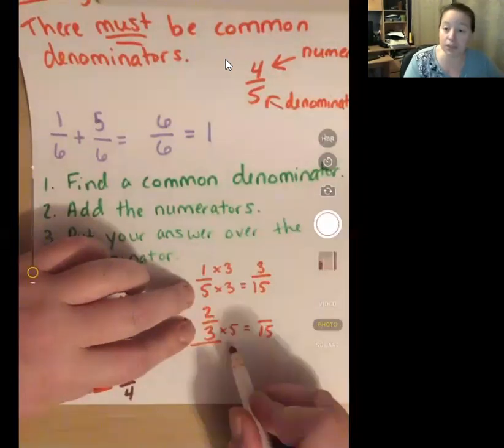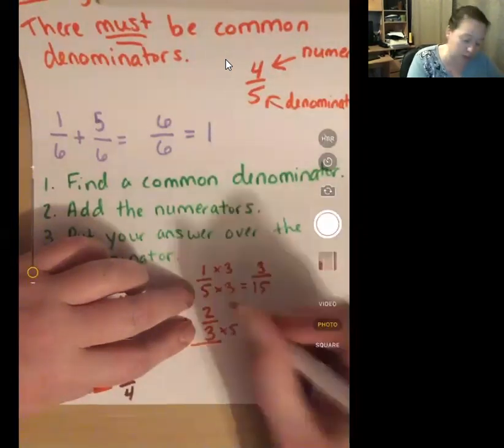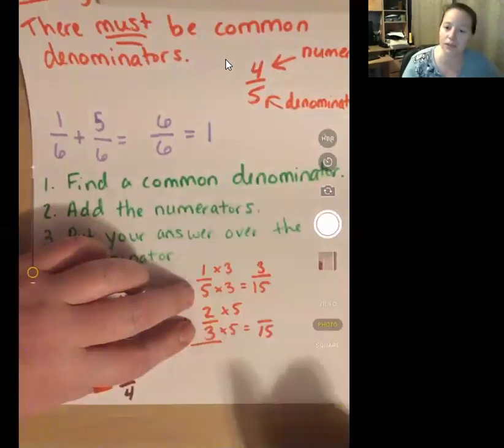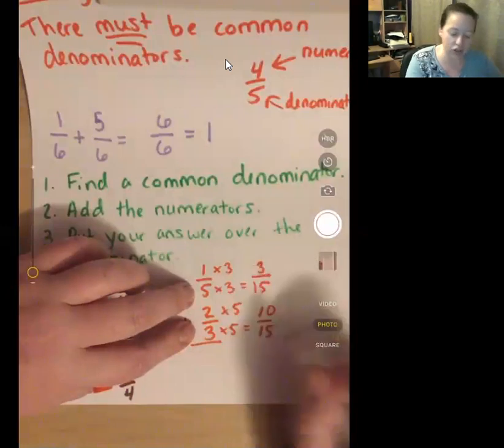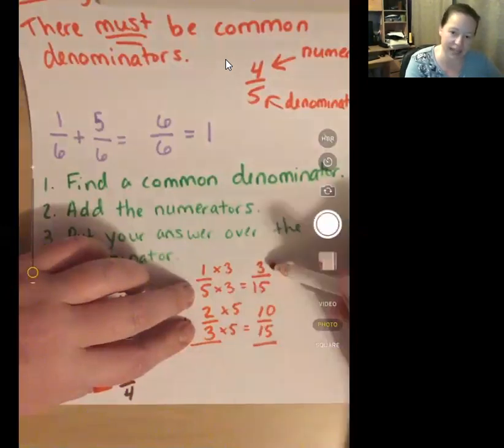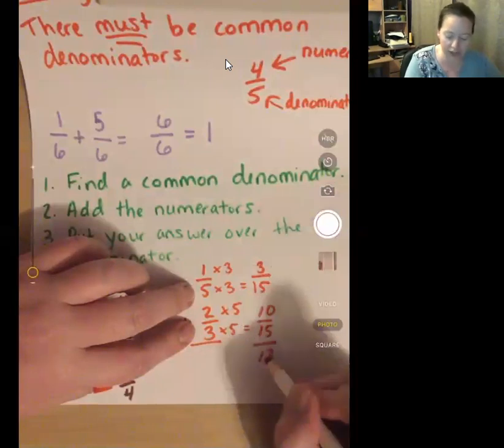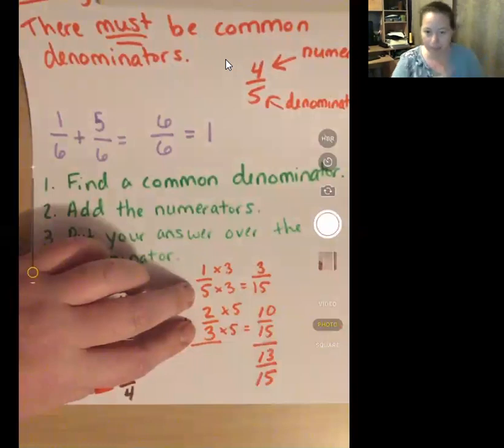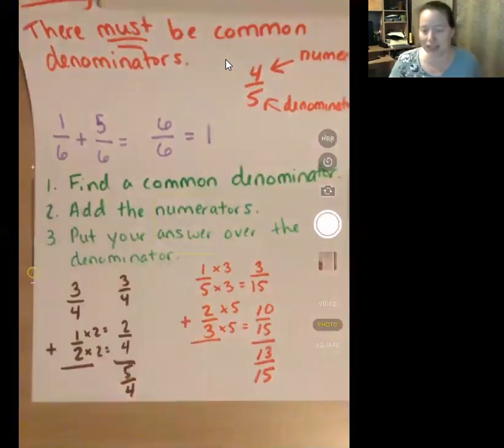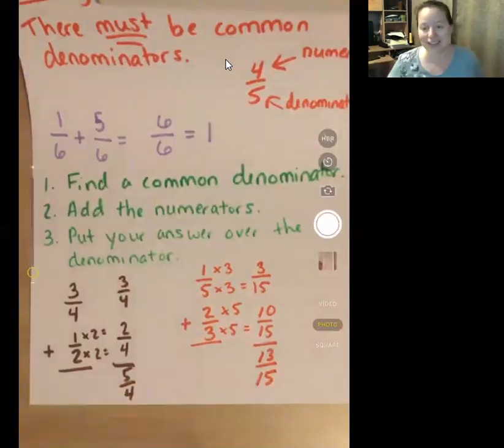Down here, I multiplied the 3 by 5, so I have to multiply the 2 by 5. 2 times 5 is 10. Add the numerators. 3 plus 10 is 13 over the denominator, which is 15. See, perfectly fine. It ends up working out great.